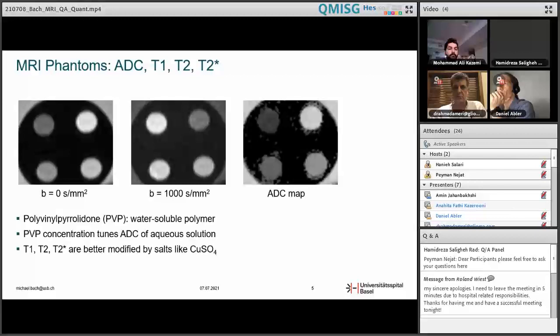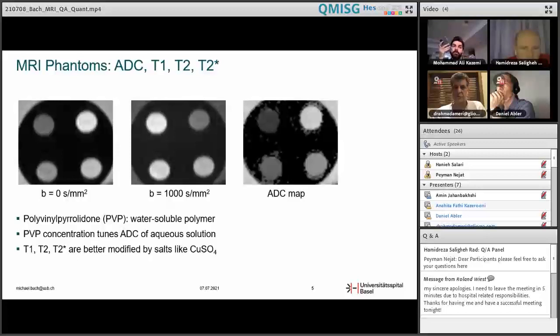The higher its concentration, the lower the ADC value. The last time I used this phantom was because I am responsible for a new 0.5 Tesla low-field MRI, and I wanted to check if this machine measures the same ADC values as our 1.5 or 3 Tesla machines. Fortunately it did, because in fact the ADC value should not depend on the field strength.